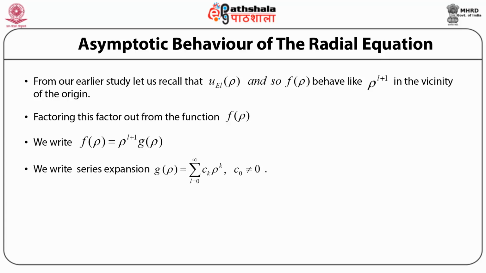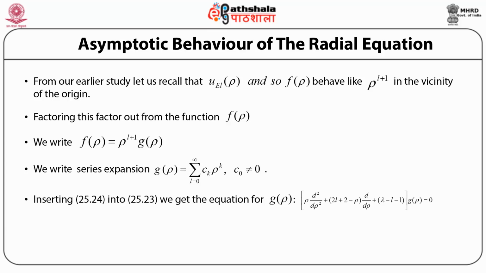We write the series expansion g(rho) equal to summation from k equal to 0 to infinity c_k rho to the power k, with c naught not equal to 0. Inserting 25.24 into 25.23, we get the equation for g(rho), that is rho d square by d rho square plus 2L plus 2 minus rho multiplied by d by d rho plus lambda minus L minus 1, the whole multiplied by g(rho), equal to 0.